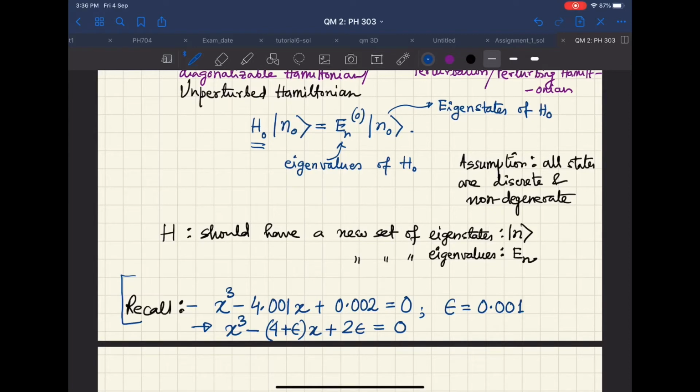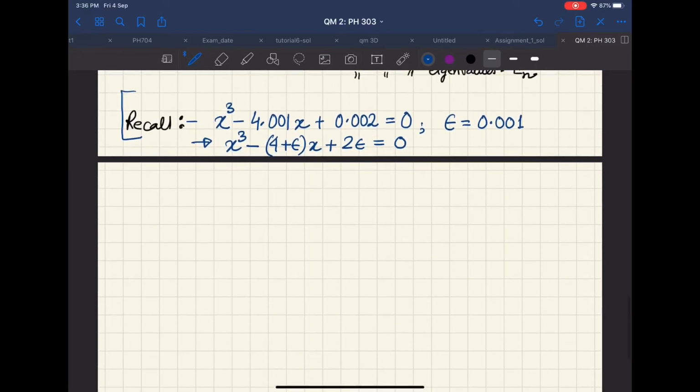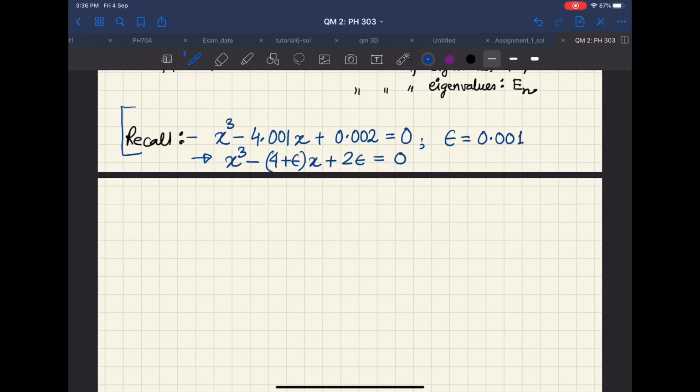However, since the Hamiltonian is an operator, we cannot use it as an expansion parameter. Here comes the difference. Classically, you can always say if your Hamiltonian is small or large compared to some other Hamiltonian. Generally, this Hamiltonian H1, which is the perturbing Hamiltonian, is always small compared to H0.